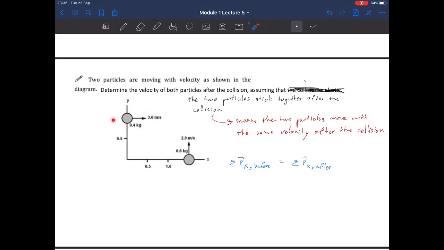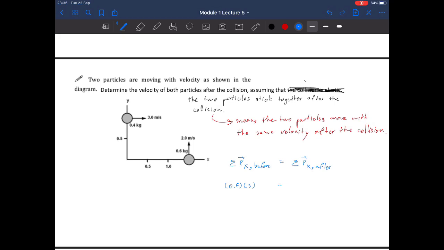As you can see, before the collision, only this mass has momentum in the x direction, and this mass has no momentum in the x direction at all. So before the collision, what we have is just 0.4 multiplied by 3. That is the total momentum of the system before it collides with each other.